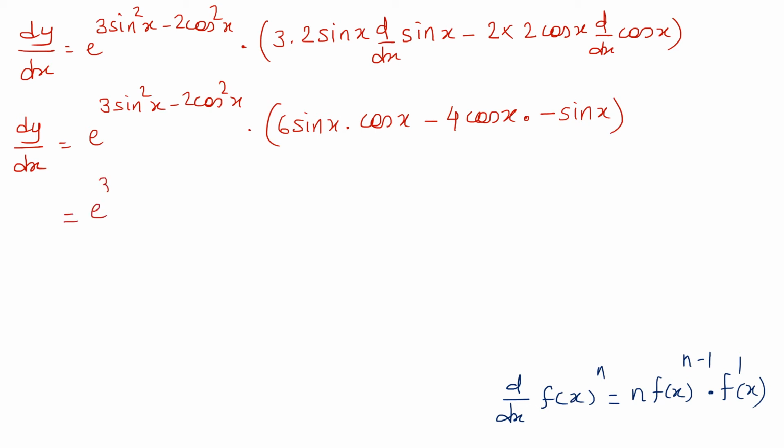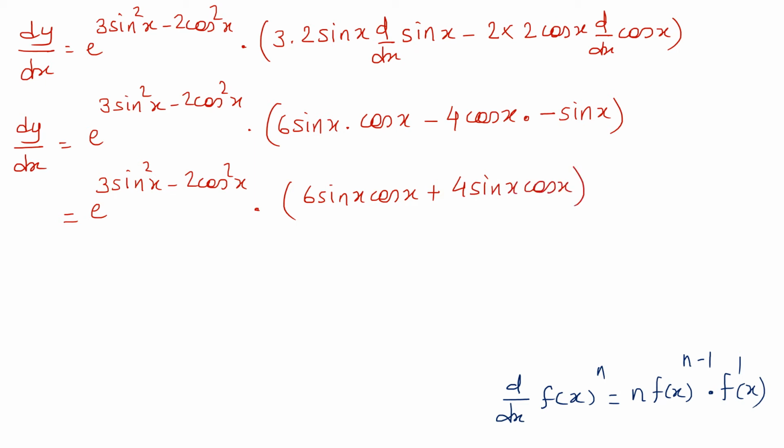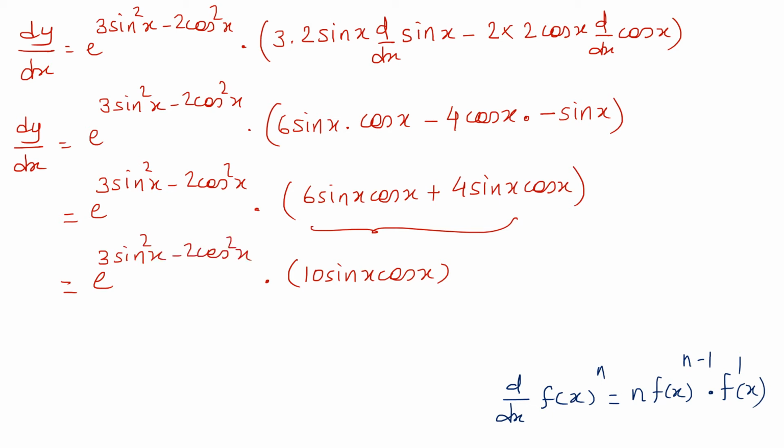In the next step, this can be written as e raised to 3 sine square x minus 2 cos square x into 6 sine x cos x plus 4 sine x cos x. Now what is 6 sin x cos x plus 4 sin x cos x? The value of this bracket becomes 10 sin x cos x. And this first term, e raised to 3 sin square x minus 2 cos square x, remains as it is.